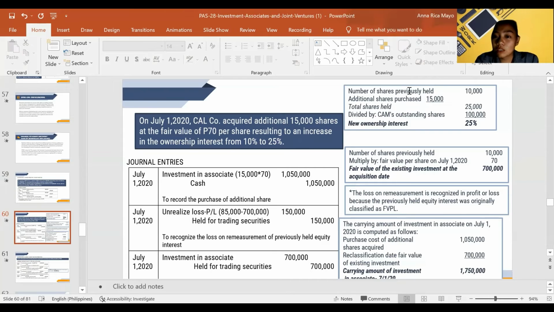Ito, number of shares previously held, which is 10,000, mag-a-add ka ng additional purchases mo, which is 15,000, yung additional share na in-acquire mo. Magkakaroon ka ngayon ng shares held na 25,000, divided by the CAM's outstanding share, which is 100,000, magkakaroon ka ng new ownership interest, which is 25%.